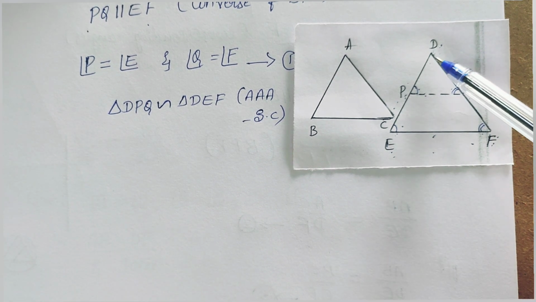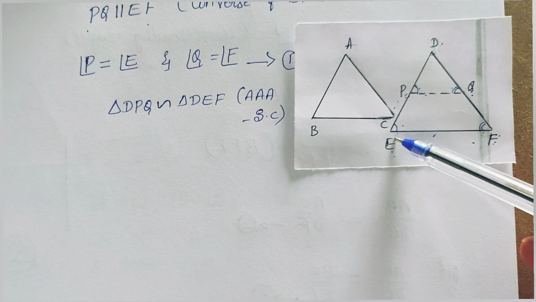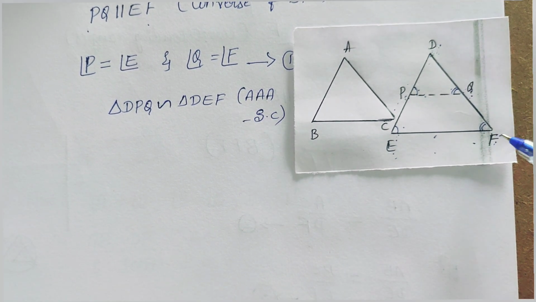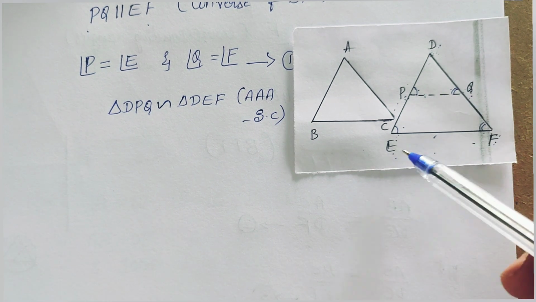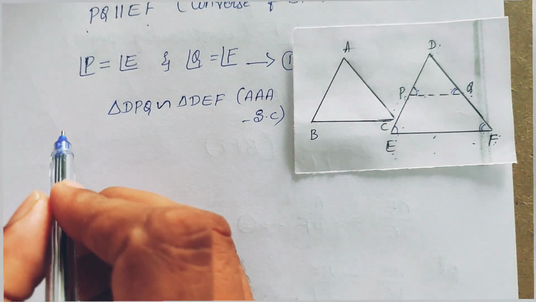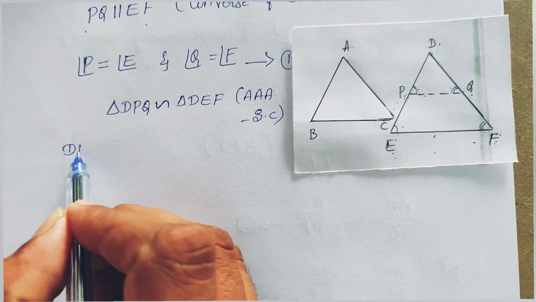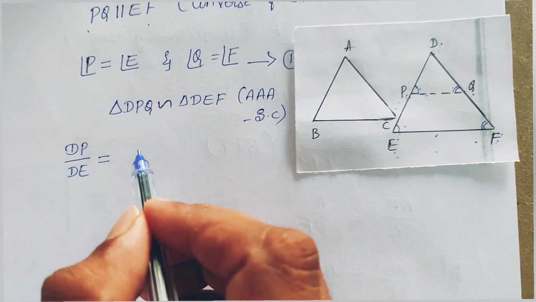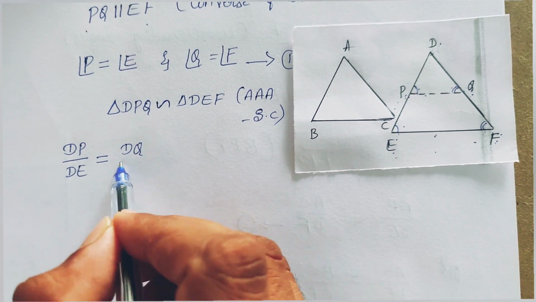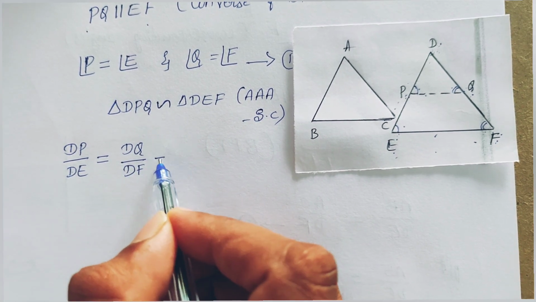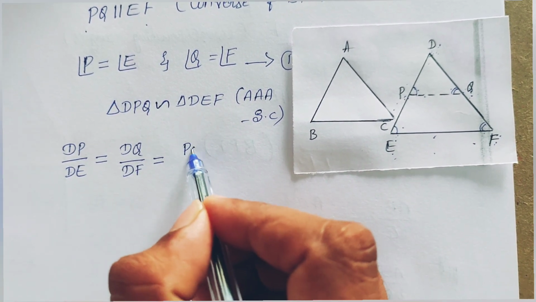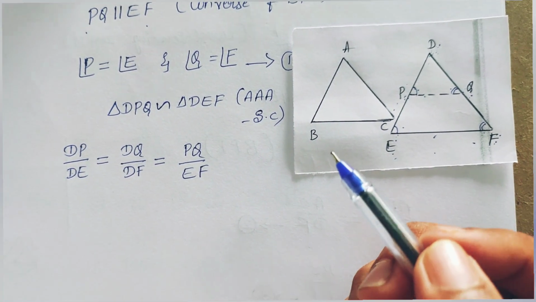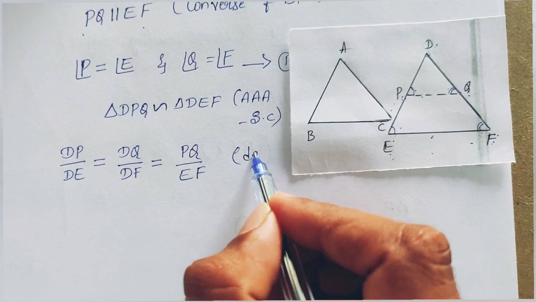DP and DE are the corresponding sides, DQ and DF are the corresponding sides, PQ and EF are the corresponding sides. So I can write DP divided by DE equals DQ divided by DF equals PQ divided by EF, the ratio of corresponding sides. This is from the definition of similarity.